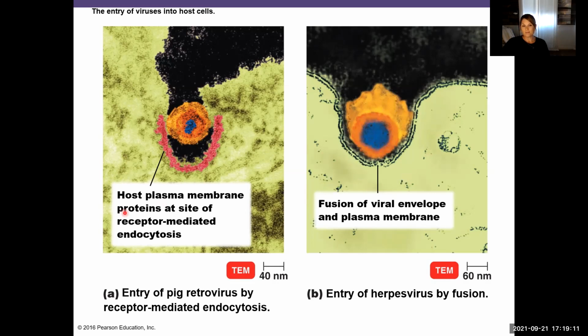Receptor-mediated endocytosis just means that the naked capsid comes into contact with the host cell membrane and triggers that host cell to eat it, essentially, to bring it in by endocytosis. So it has a way to trigger the host cell to do that by the way it binds to it.